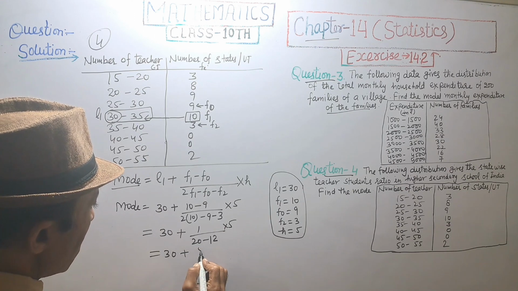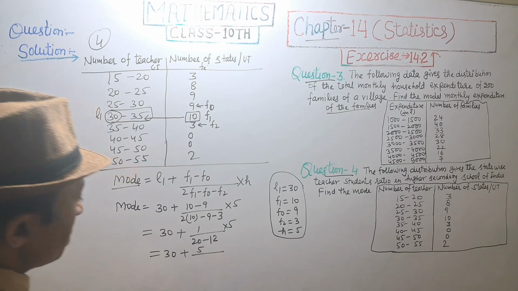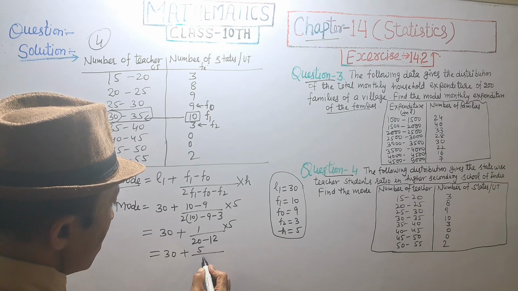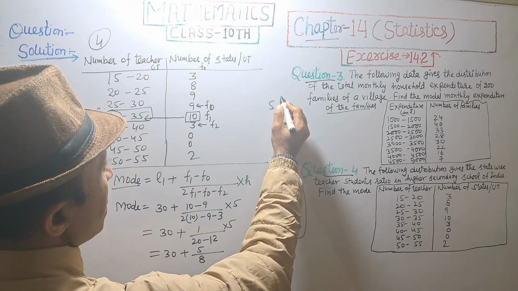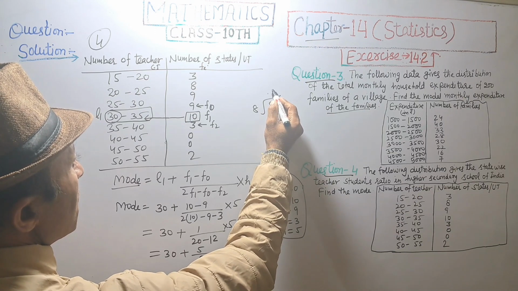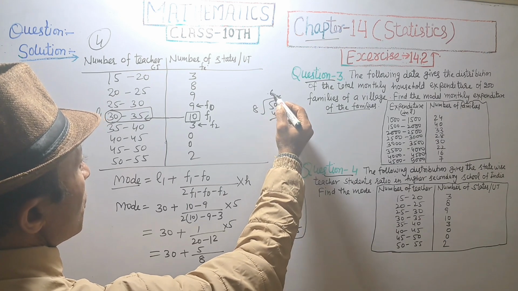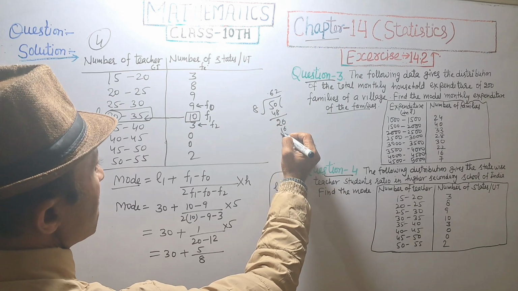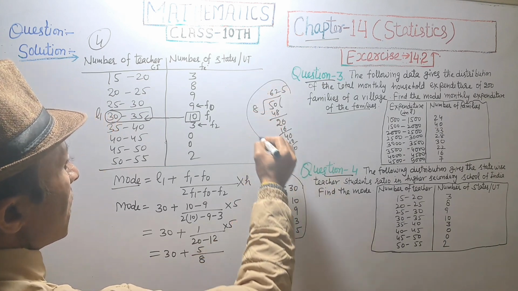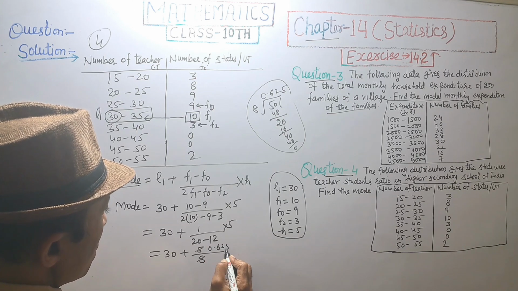So 30 plus 5 divided by 20 minus 12, that is 8. 5 divided by 8: 0.625.